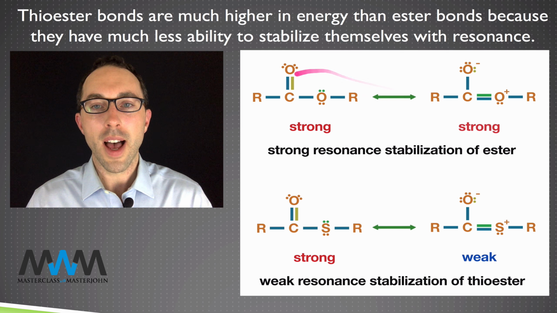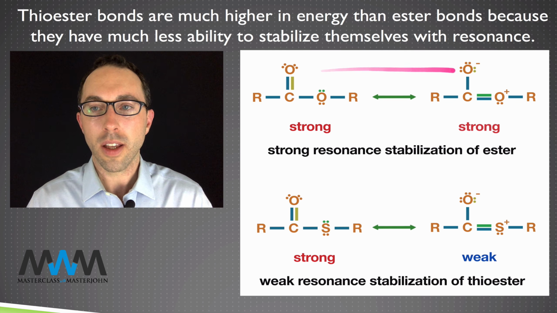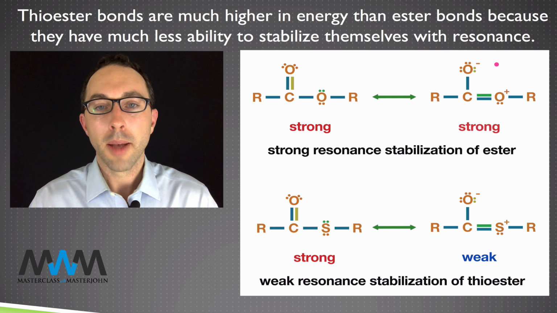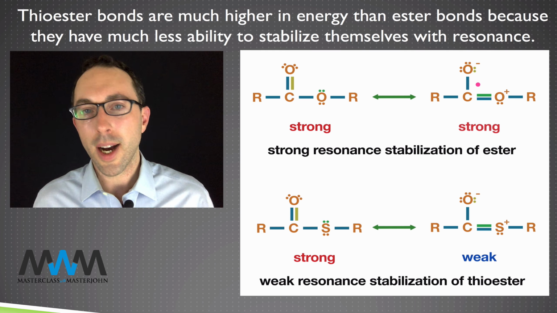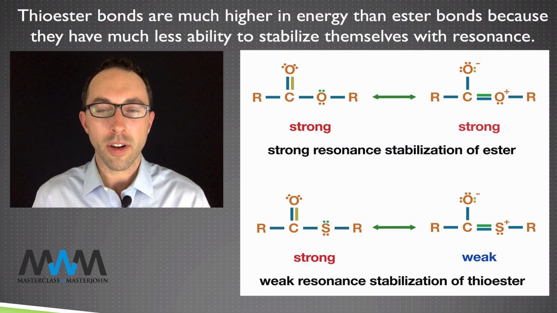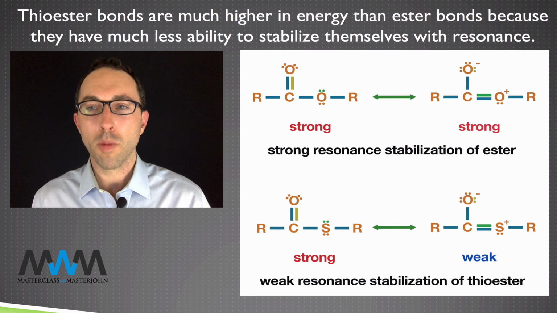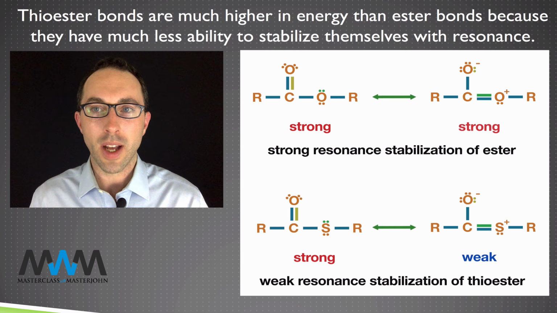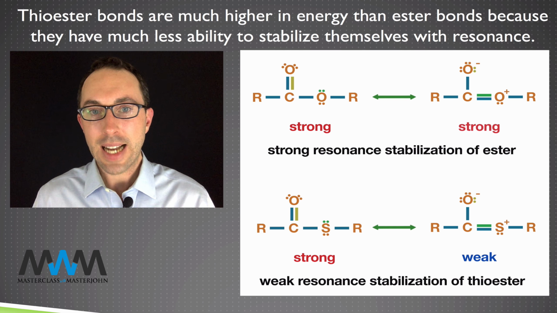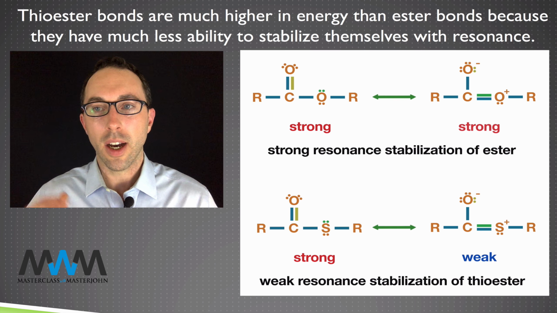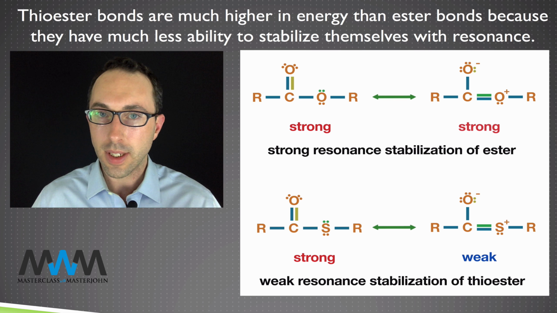The form on the left is more predominant than the form on the right because there's no separation of charge on the left and there is on the right. Remember that opposite charges are attracted to one another, so forms are higher in energy when there's more separation of charge. Nevertheless, that's talking about the relative stability of the two resonance forms.